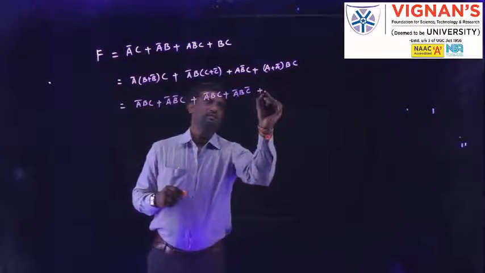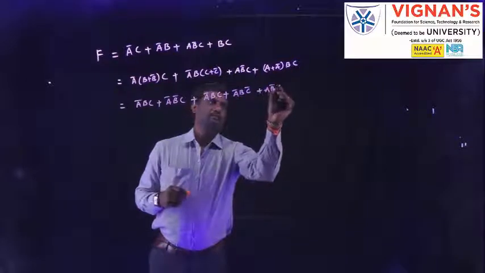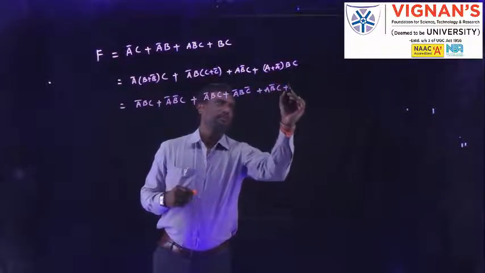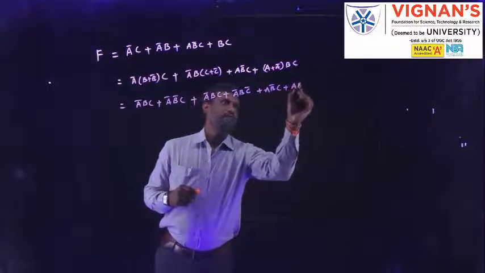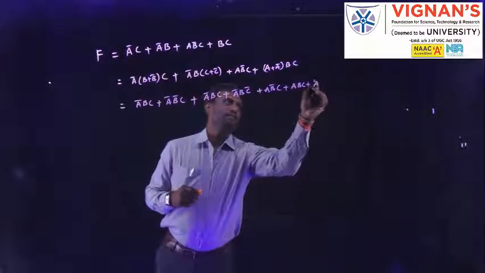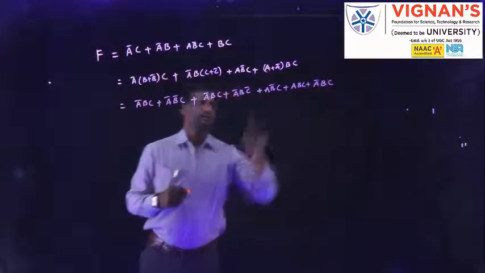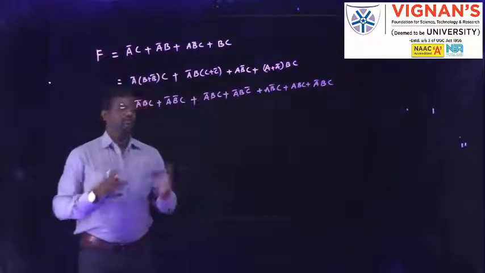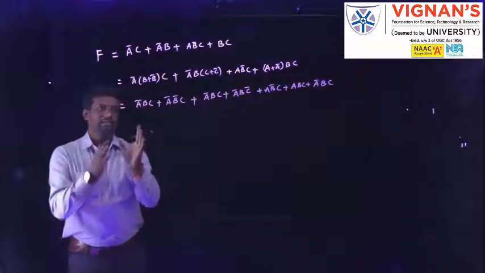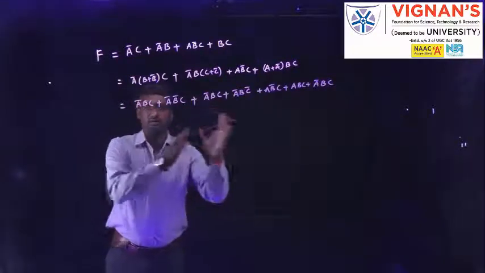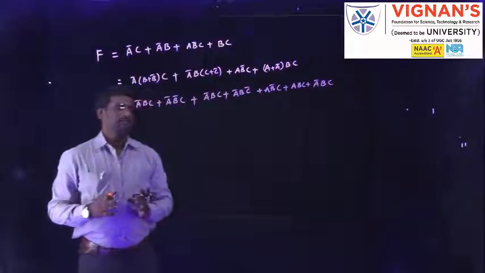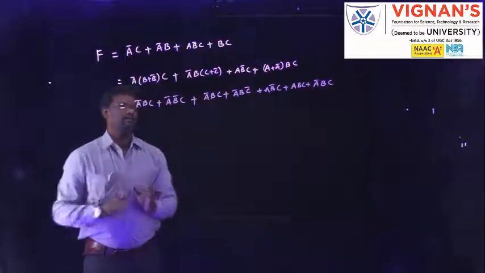Similarly, the third one, a b bar c, plus the fourth one, a b c plus a bar b c. So if you observe, each term consists of all the three variables.